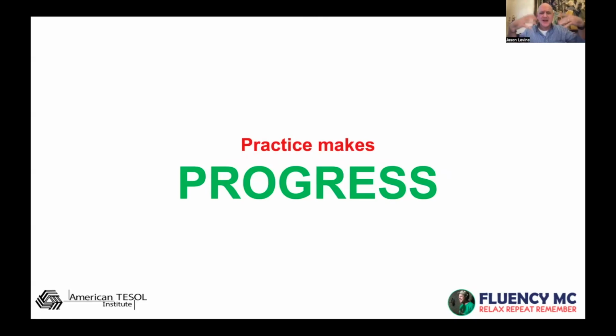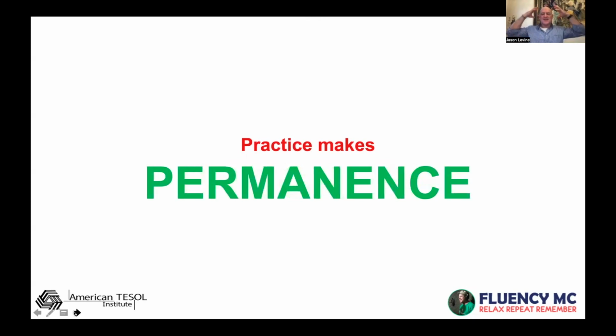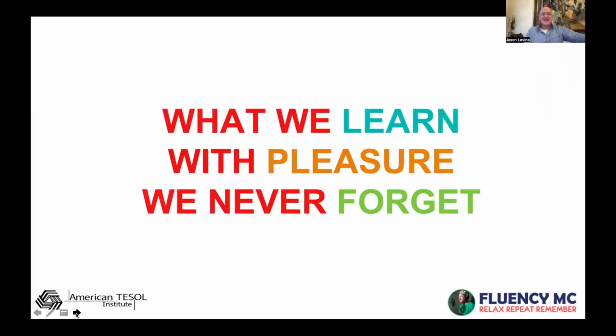Remember that focus on error, that's a problem. Practice makes progress, but even better, what about when it's internalized, when you've got those chunks up here and you're ready to use them in a communicative activity? Practice makes permanence. And above all else, what we learn with pleasure, we never forget.